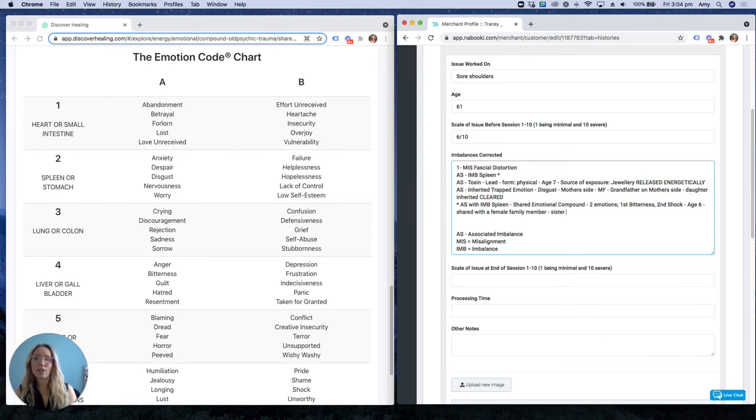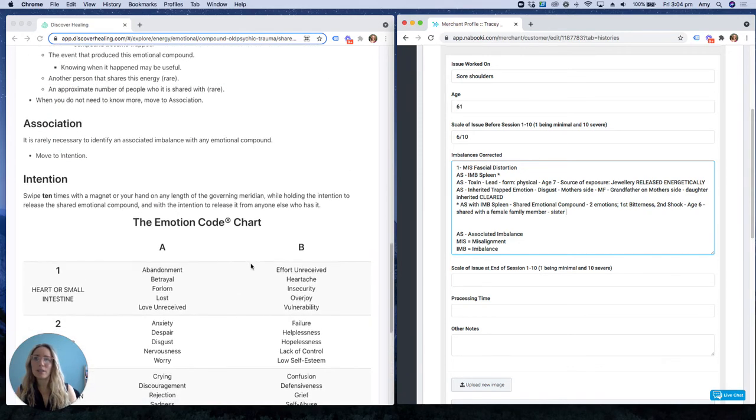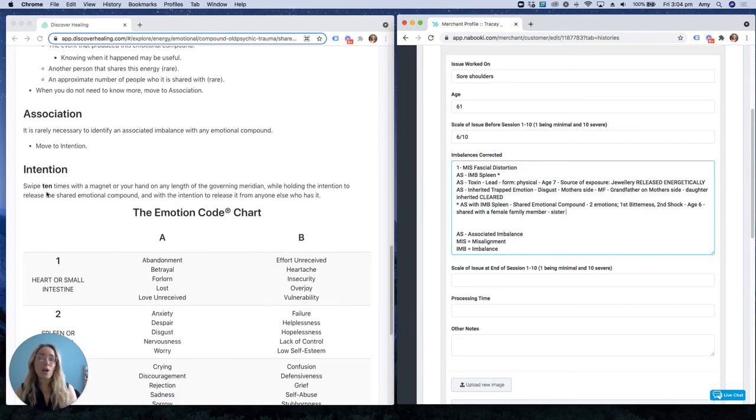Okay, so there's no associated imbalance with this one, so I can go ahead and release it. With this one, just like the inherited trapped emotion, I'm going to be doing 10 swipes because this is shared with somebody else. So she shared this with one of her sisters.